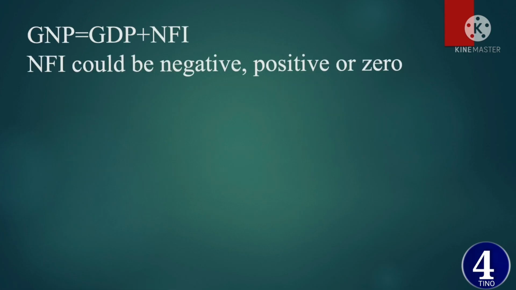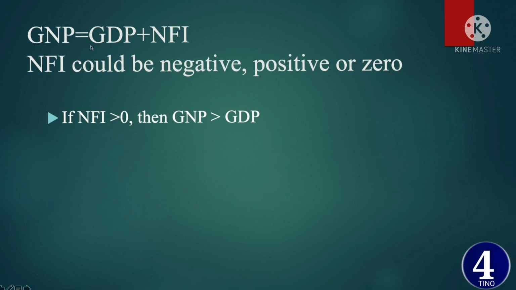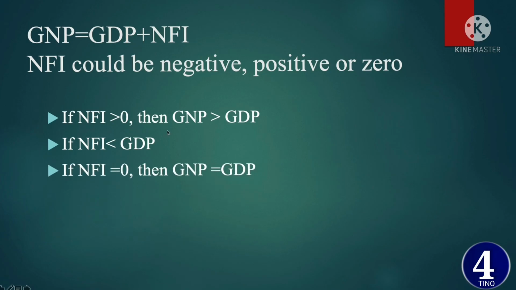So we have said previously that NFI could be negative, positive, or 0. So depending upon the result of NFI, the GNP and GDP are related in the following way. If NFI is positive, then we say that GNP will be greater than that of GDP, because we are adding a positive number on GDP. If NFI is negative, which means we are deducting a number from GDP, which makes GDP greater than that of GNP.